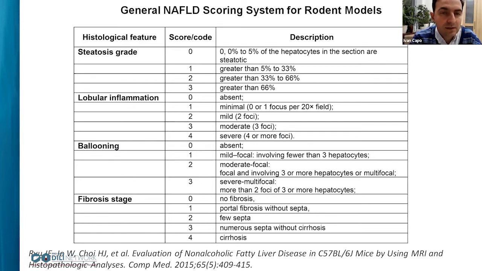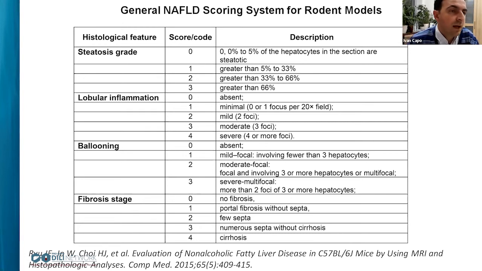In the last, I can say, 5 years, we use a scoring system, according also to the animal model, to quantify the changes inside the liver, inside the tissue section, so that we can say these animals have this degree of liver changes, and it can sometimes be in correlation with the biochemistry.